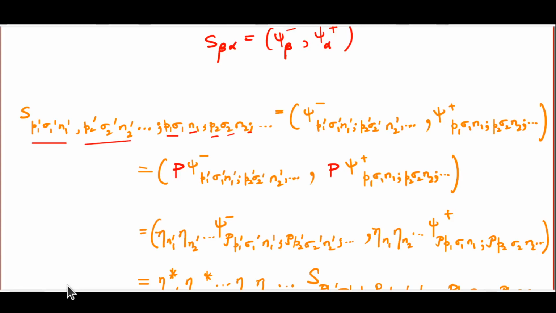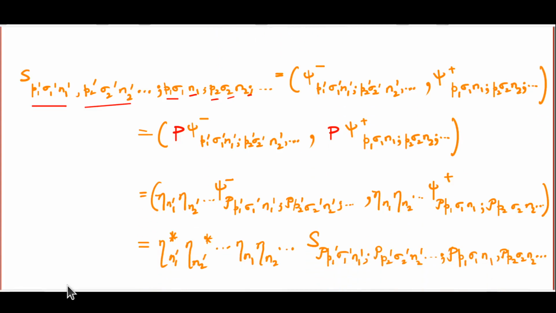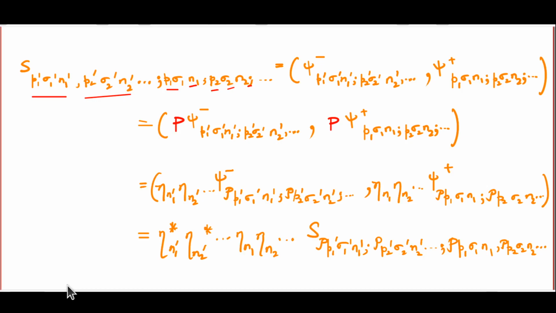All that is left now is to use a basic property of the inner product, that it is linear in the second factor and antilinear in the first factor, to arrive at our final result, which connects the S matrix elements to their parity reverse counterparts. Notice that on this side you have S matrix elements with the in-state labels and the out-state labels as they were, and on the right hand side you have the same labels but with the four momenta parity reversed.